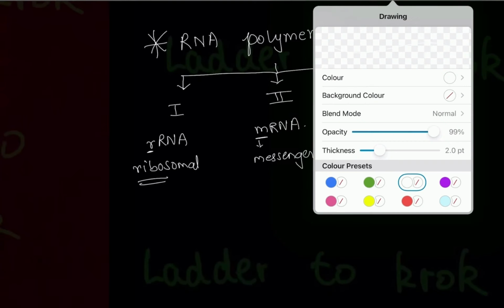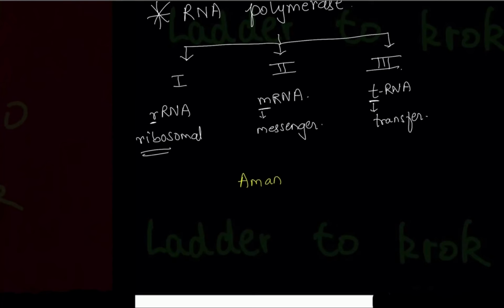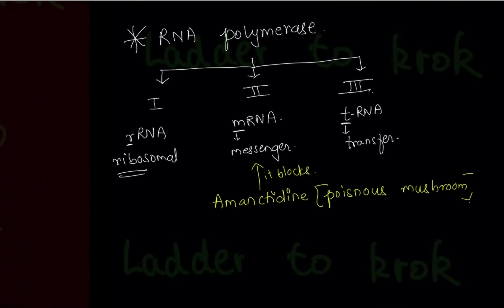Among these, if someone eats a poisonous mushroom, the name of its toxin is amantadine. In these people, transcription is blocked. Now, how is transcription blocked? This amantadine blocks RNA polymerase type 2.